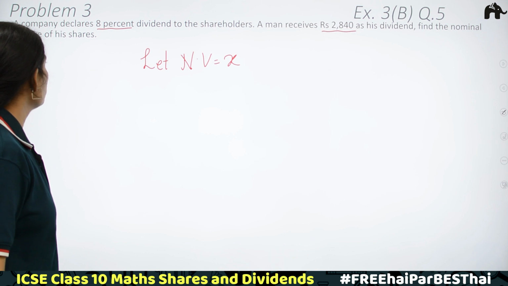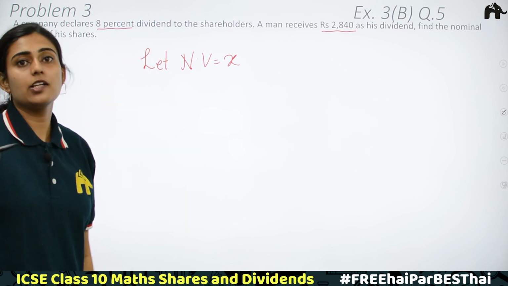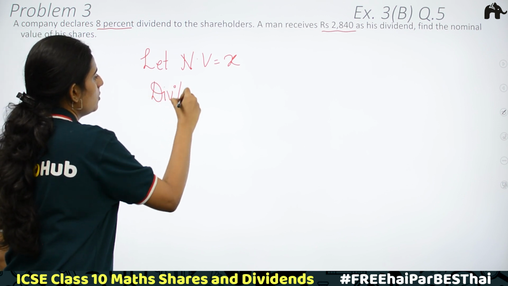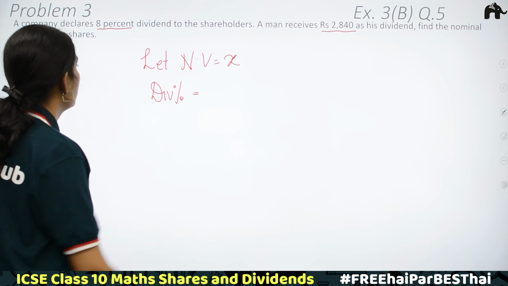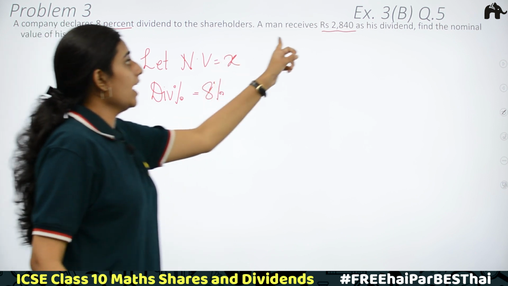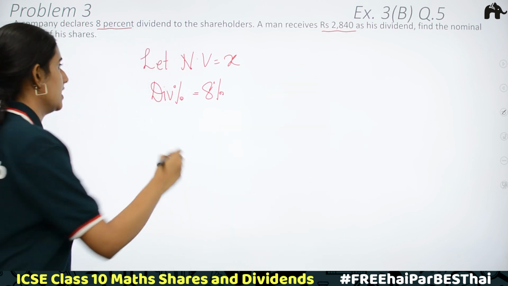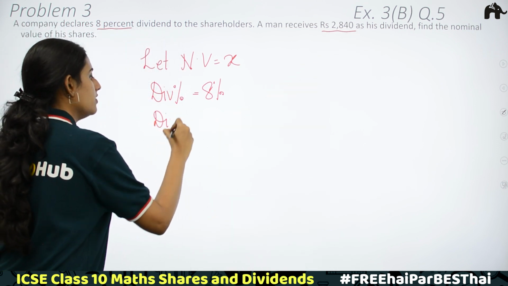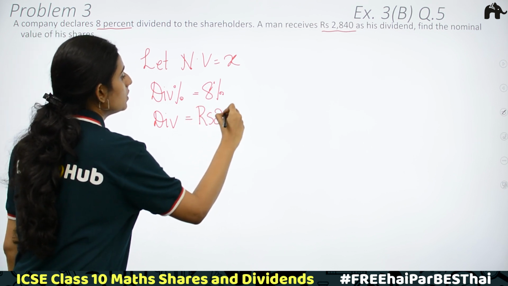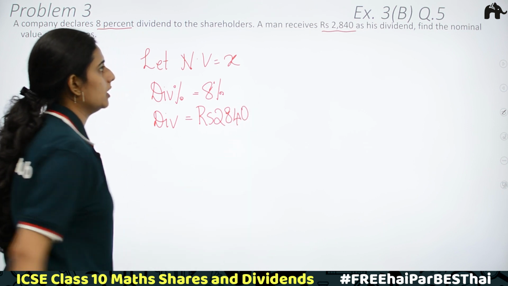Then, what are the given quantities? 8% dividend, which means the rate of dividend is given. Dividend percentage is equal to 8%. Then, a man receives rupees 2,840 as his dividend, which means dividend is also given. Dividend is equal to rupees 2,840.